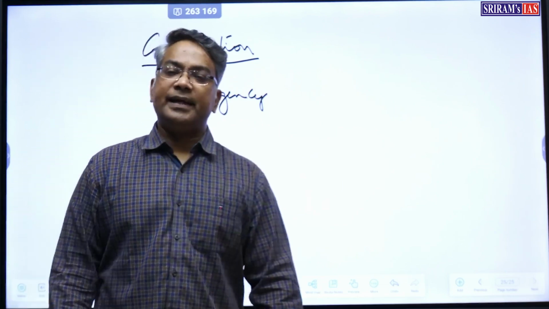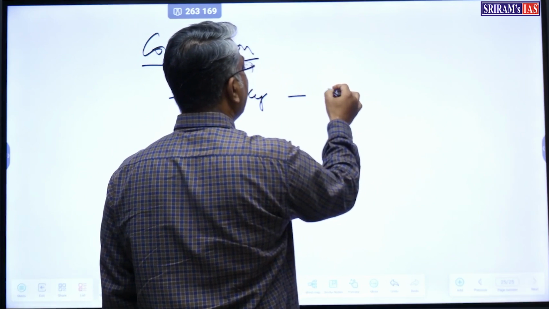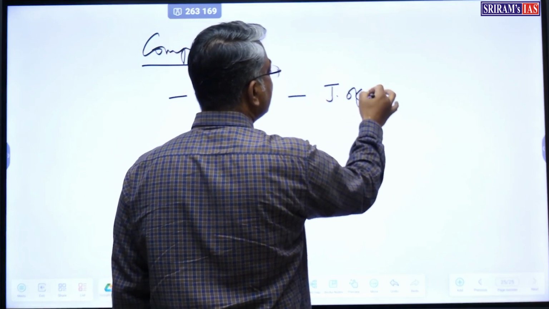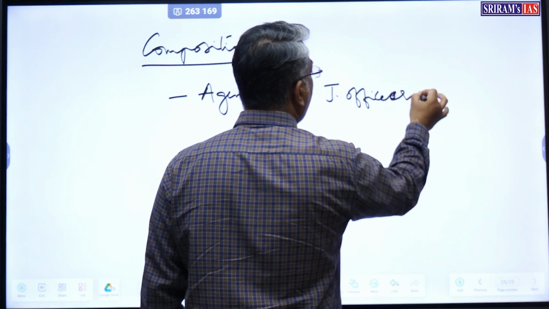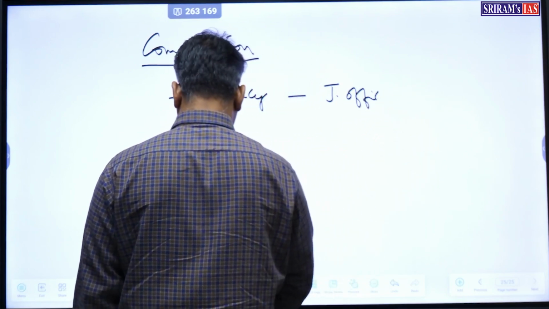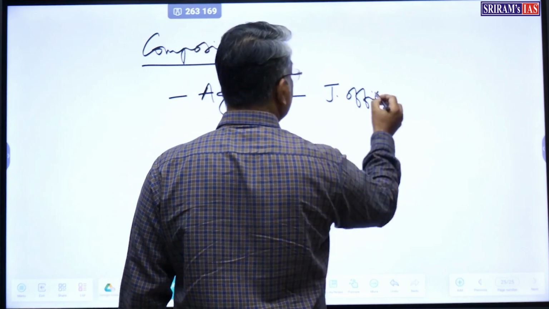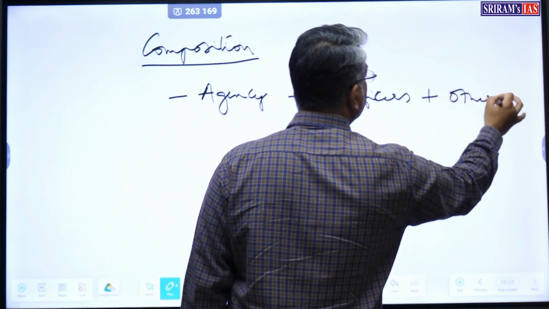That is, the agency organizing decides the number of judicial officers, plus other members.